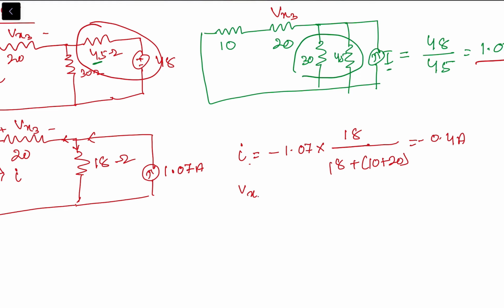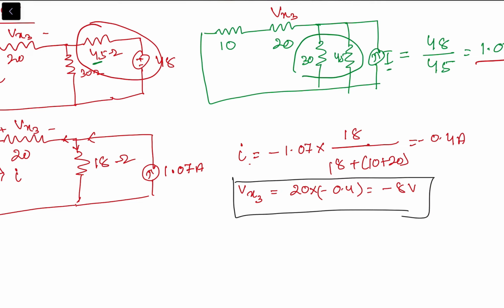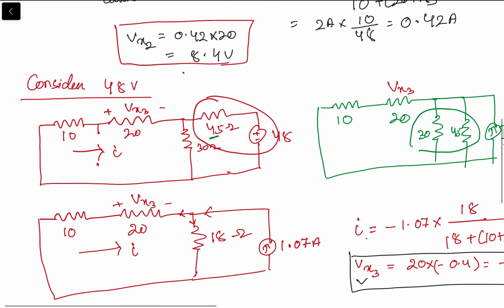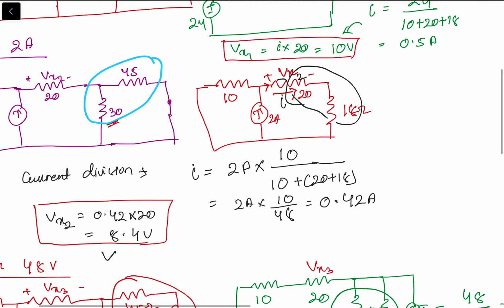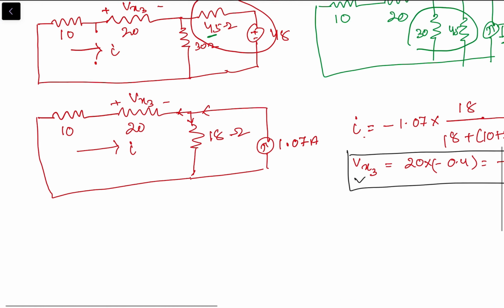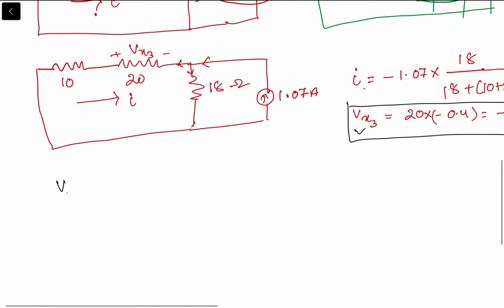Now what will be the value of Vx3? Vx3 will be equal to 20 into minus 0.4, and this value will be minus 8 volt. So this is my third voltage, because of the third voltage source. Now we have Vx3 here, Vx2 here, and Vx1 here. According to the superposition theorem, the total voltage Vx will be Vx1 plus Vx2 plus Vx3.